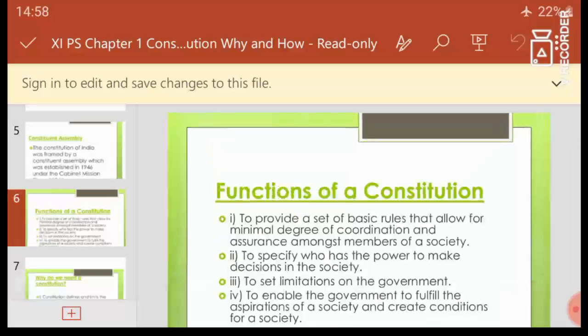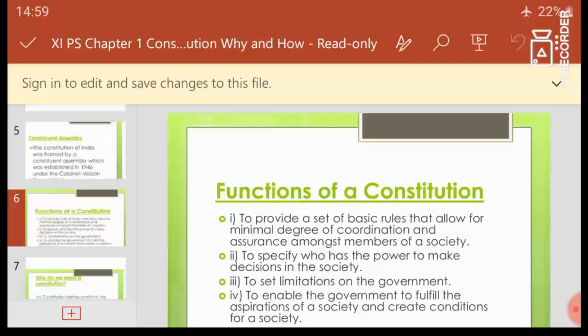Okay. So there shall be limitations on the government. Likewise, the fourth function of the constitution is to enable the government to fulfill the aspiration of a society and to create conditions for a better society.